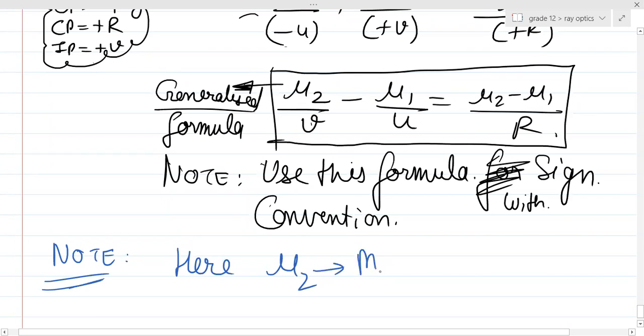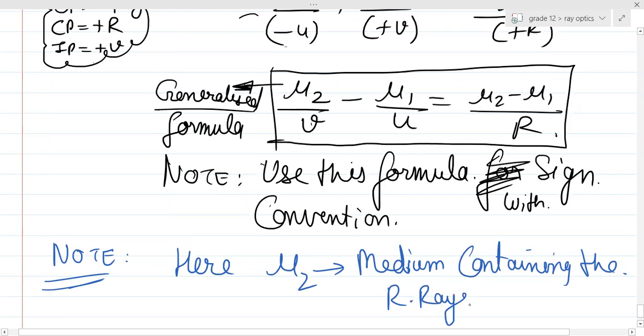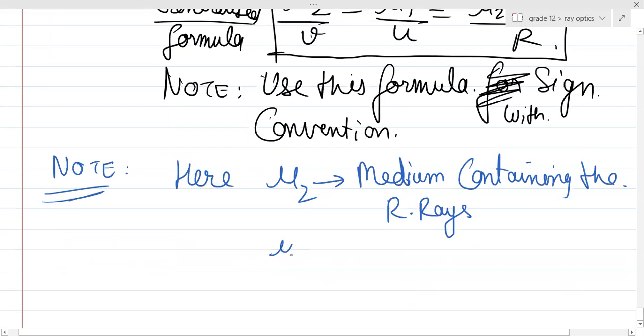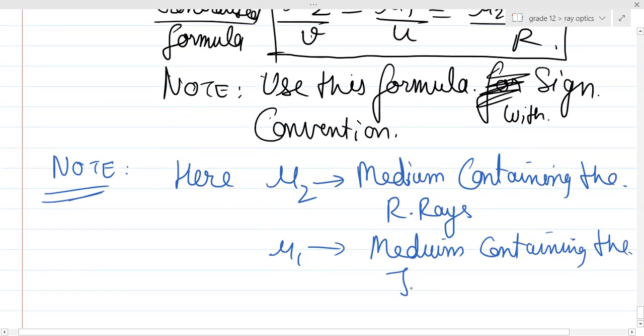Mu2 is the refractive index of the medium containing the refracted rays, and mu1 is the medium containing the incident rays.